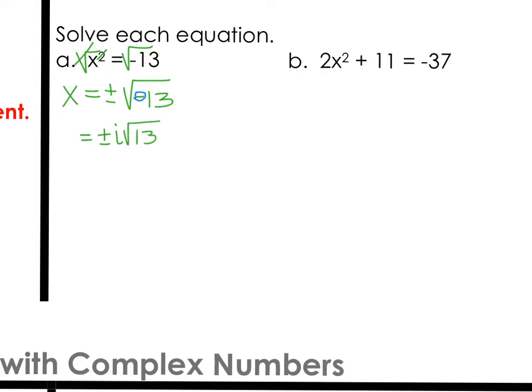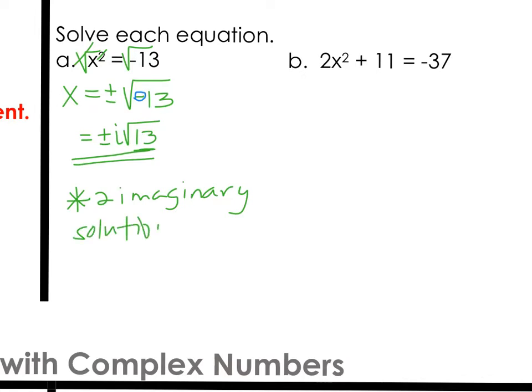From here, our goal would be to try and simplify that square root. But if we look at 13, that's actually already simplified. The only factors are 1 and 13. Therefore, our two solutions are plus or minus i square root 13. And we would say that these are two imaginary solutions.